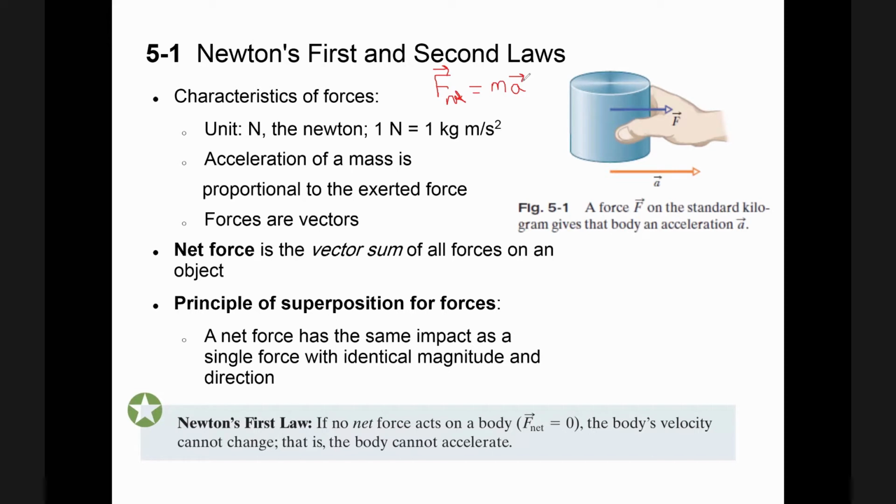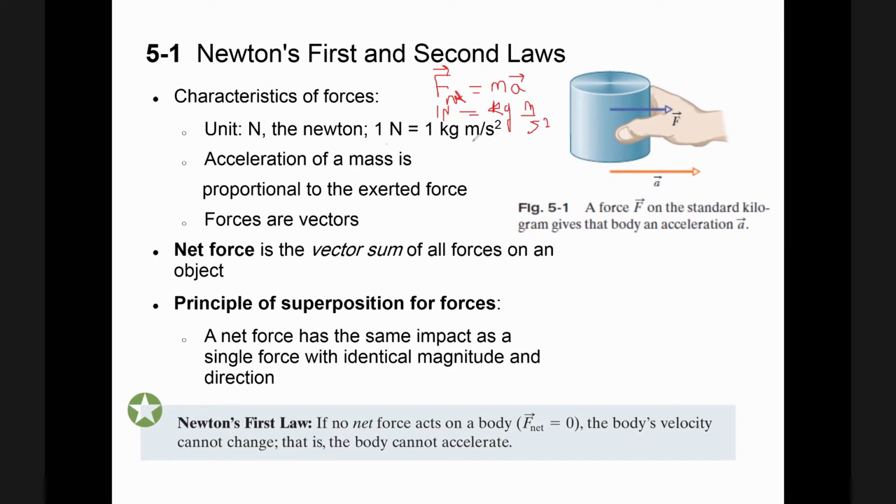What can we learn from this? The first thing we can learn is the following: we can extract a unit of the force. Right side equals left side. This is in kilogram, and this is acceleration in meters per second squared. But I know from elementary school that forces are given in Newton. So what does it mean?